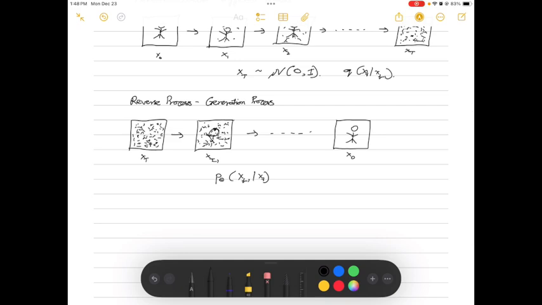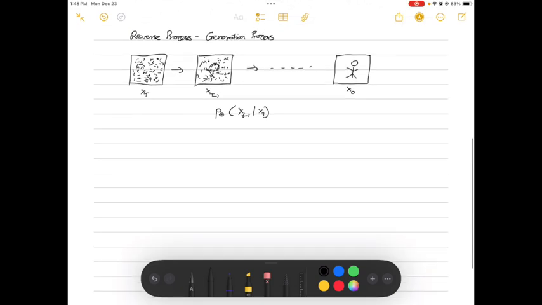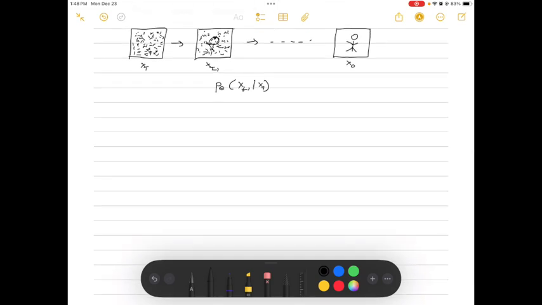Now, what we'll be doing is studying a specific class of diffusion models called denoising diffusion probabilistic models, or for short, DDPMs.